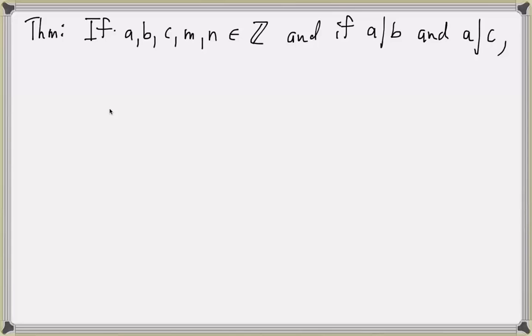So what does that look like? So a divides any expression that looks like an integer times b plus an integer times c. Okay. So an expression like mb plus nc is called a linear combination of b and c.